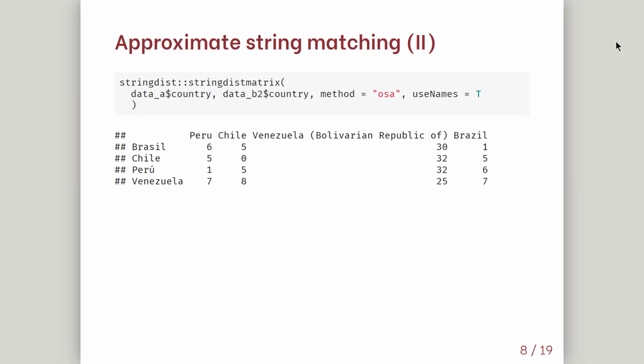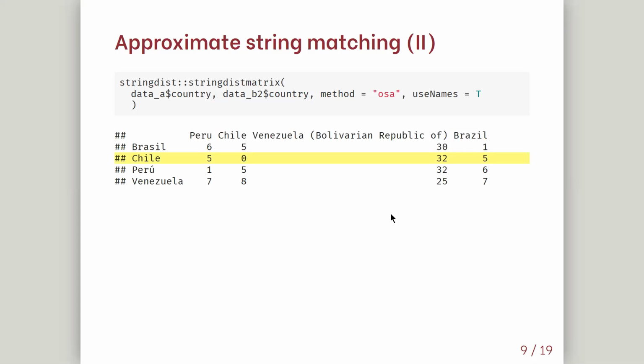Let's see here the stringdistmatrix function of the stringdist package. So what you can do is, provided with 2 vectors, and here this is just the method, the algorithm that it's going to use, it creates this matrix in which you have the distances between the given strings. So Chile and Peru, there's a distance of 5 between them.